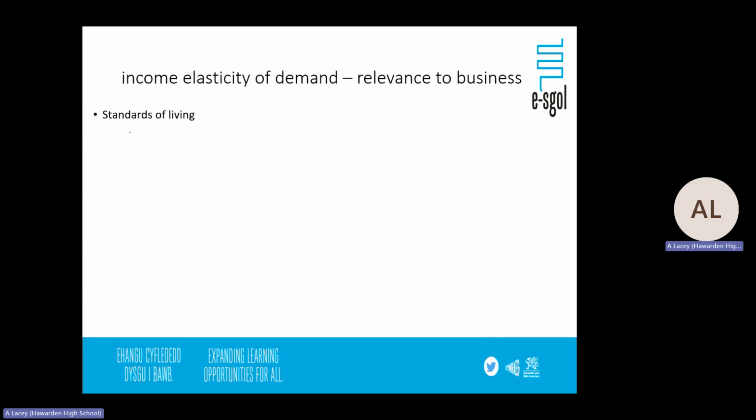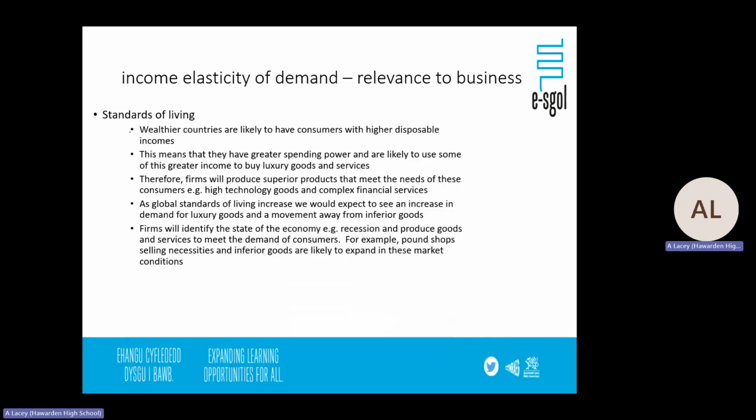Now, what's that relevant to business? Standards of living: wealthier countries are likely to consume with high disposable incomes, and this is going to mean you've got greater spending power and you're likely to want more luxury goods and services, and firms will produce superior products that meet the needs of consumers, like high technology goods.